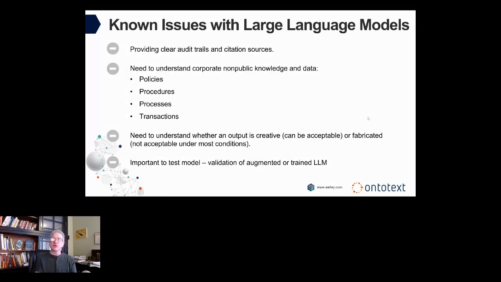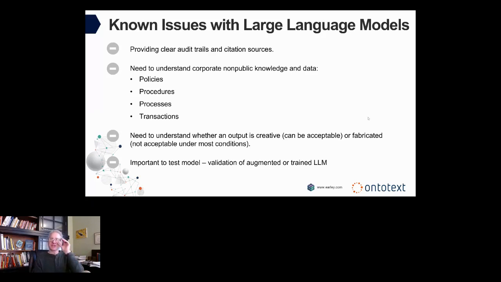It doesn't tell you how it's happening, and it doesn't understand non-public information like your policies, your procedures, your processes, your transactions, your competitive intellectual property. Right? You can't have it know your intellectual property because that's your competitive advantage. So the standardization by using a large language model to do certain things is great for efficiency, but we need differentiation to give us competitive advantage.